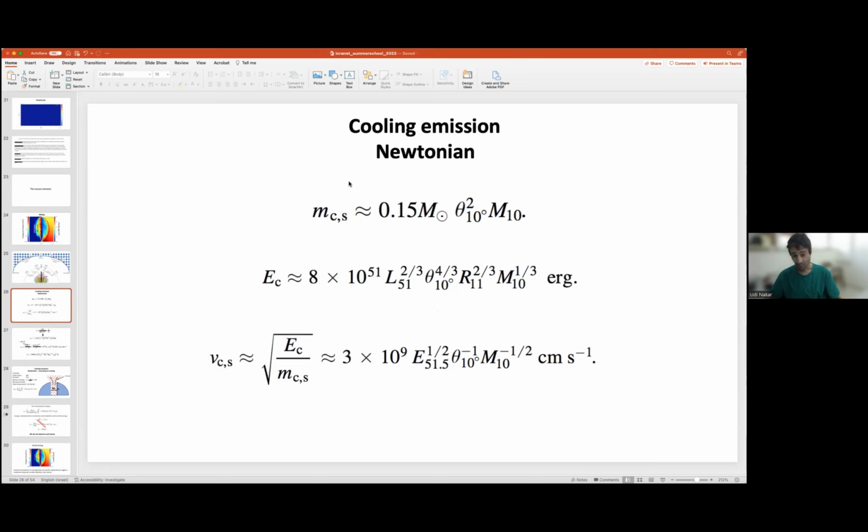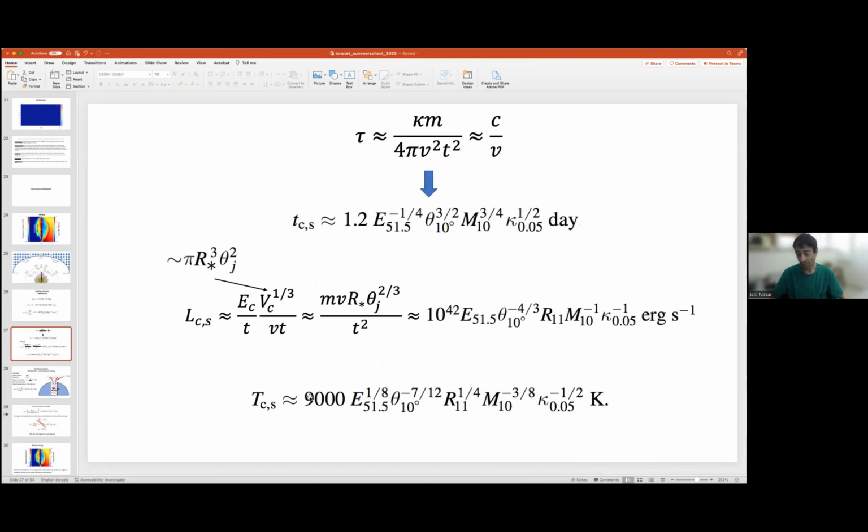Altogether, once we have that, we can estimate the emission. Here is the estimate. As I said, we look for the time where the optical depth is equal to C over V. The optical depth is simply the mass multiplied by the opacity divided by the radius squared.